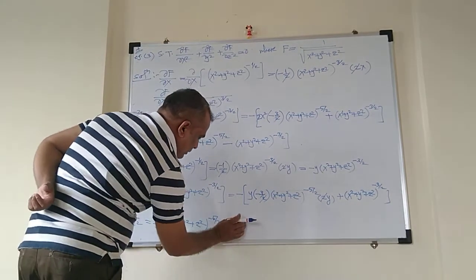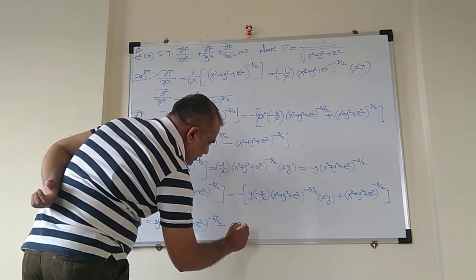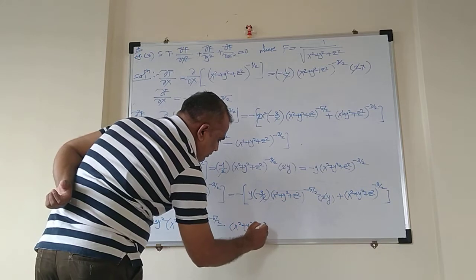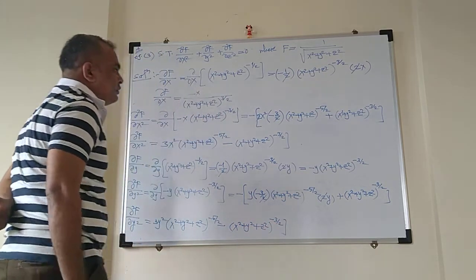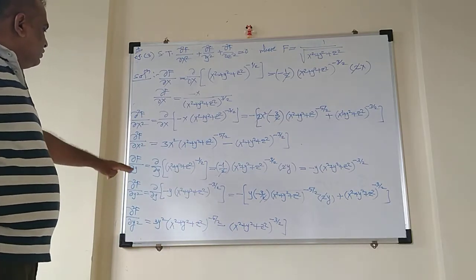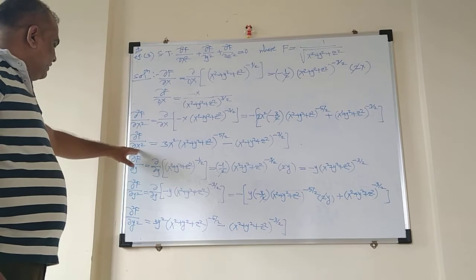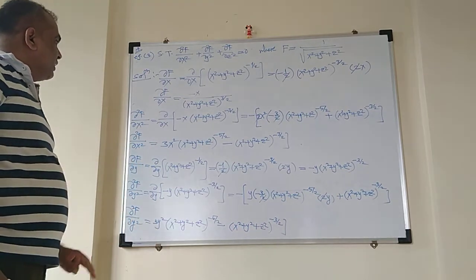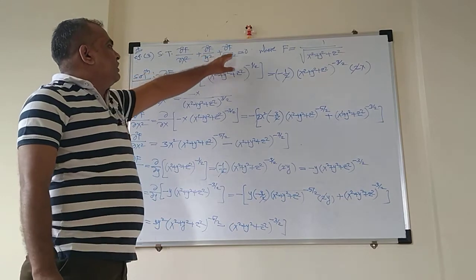So you will get minus x square plus y square plus z square raised to power minus 3 by 2. Now we got two partial derivatives of second order, dou 2f by dou x square and dou 2f by dou y square. Both are necessary for us to show this is equals to 0.